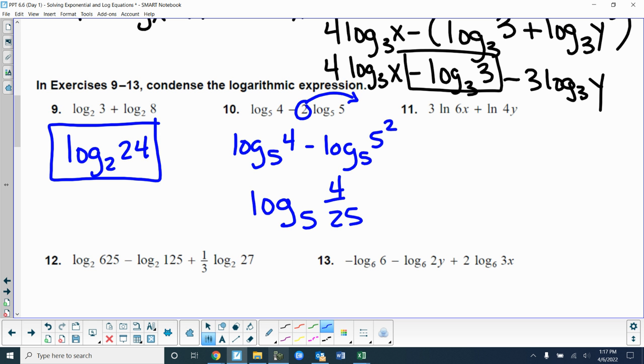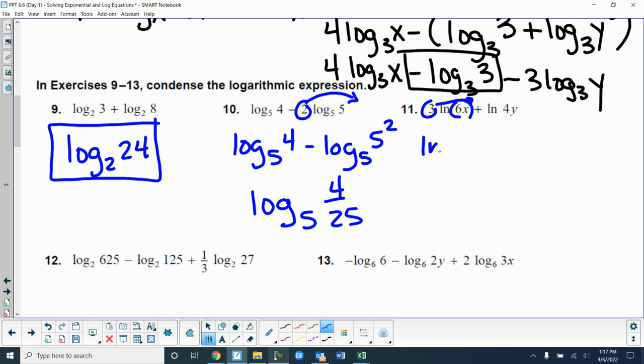All right. Number 11. I got a 3 out front of this, so I'm going to move it where? And since it's got 6x, I got to do it like that.